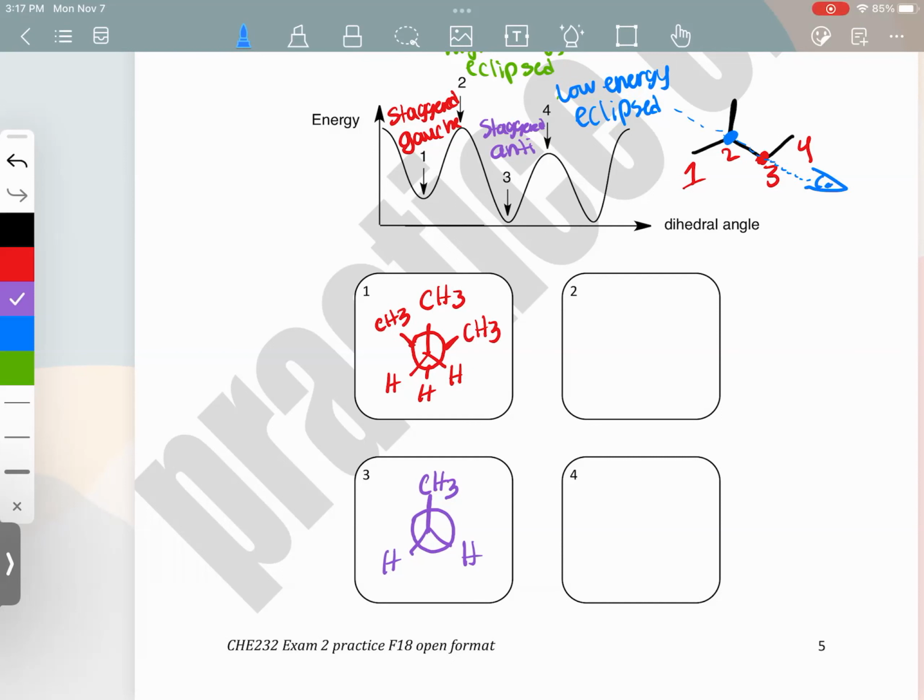One of the methyls is going to have to face the opposite from the one on the first carbon. So we're going to do that here. Then this hydrogen's here, and this methyl's going to go here. Even though one methyl is still closer to the other, one is further apart. So there's less steric hindrance happening in 3 than in 1, which is why it's lower in energy.